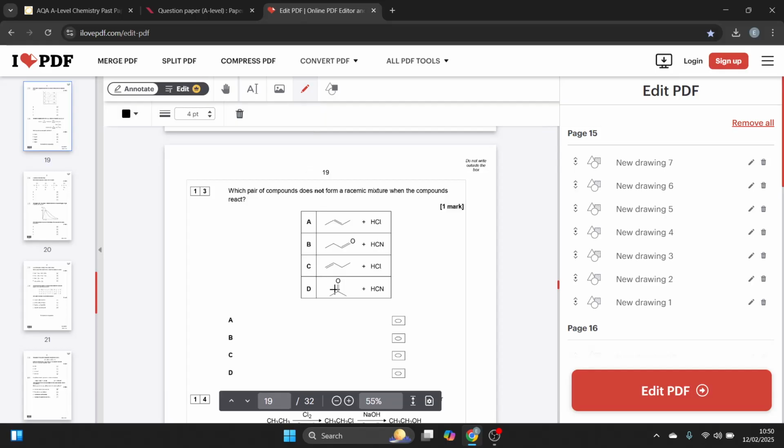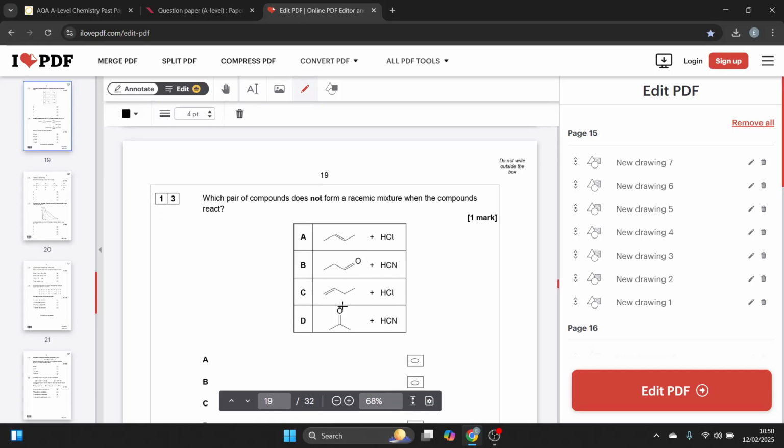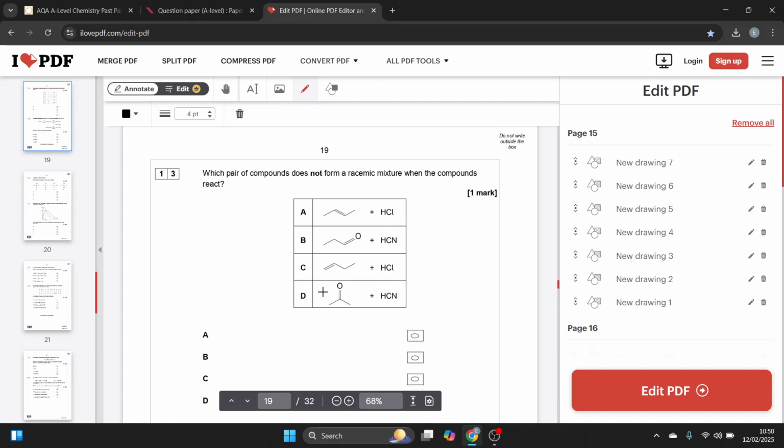Question 13. Which pair of compounds does not form a racemic mixture when the compounds react? The ones that don't form a racemic mixture are the symmetrical aldehydes or symmetrical ketones.